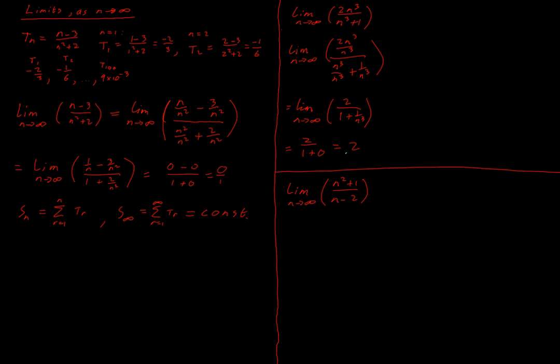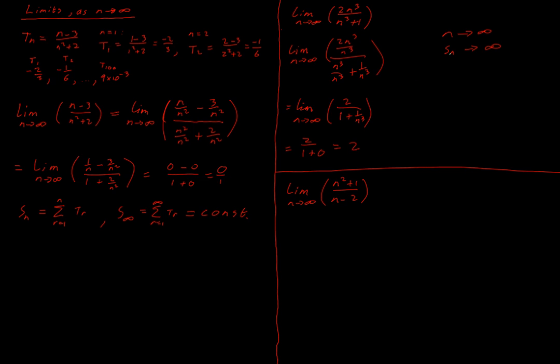So what effect would this have on S of n? It would mean that we keep adding 2 on for each term in S of n, so as n tends to infinity, S of n would tend to infinity as well, because we keep adding on 2 each time we increase the value of n.